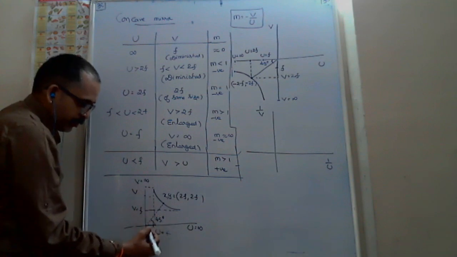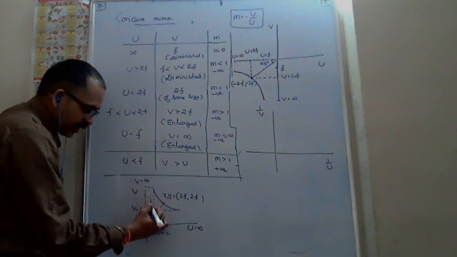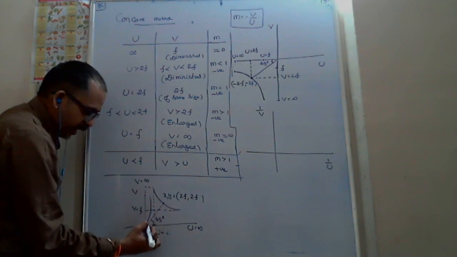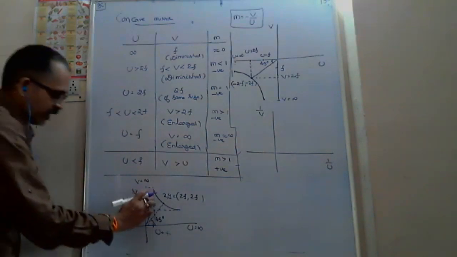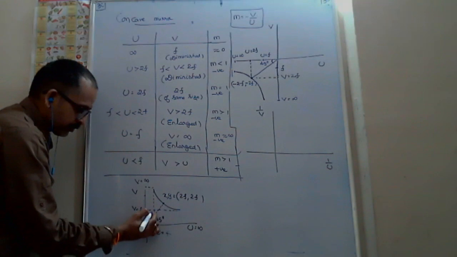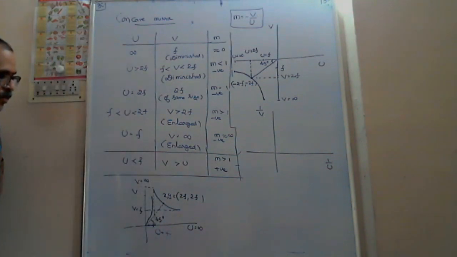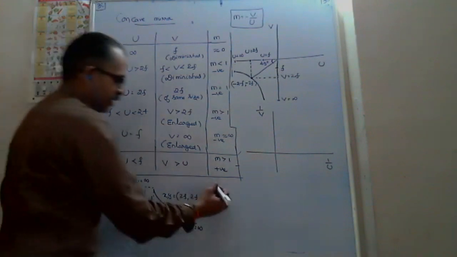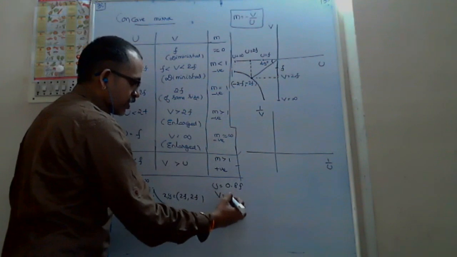So if you decrease the value of u, the v value also will decrease, decrease, and finally that becomes 0. So you will get a graph almost like a parabola here like this. You can check. If u equals 0.8f, we already checked, v equals 4f.